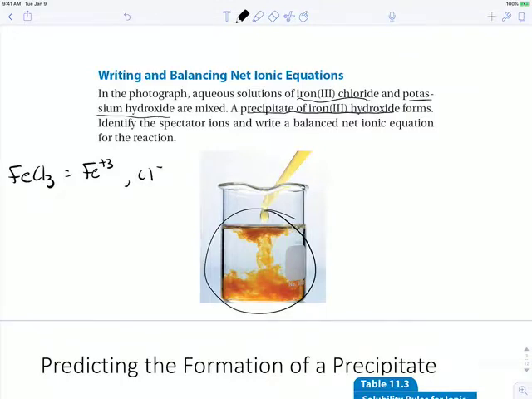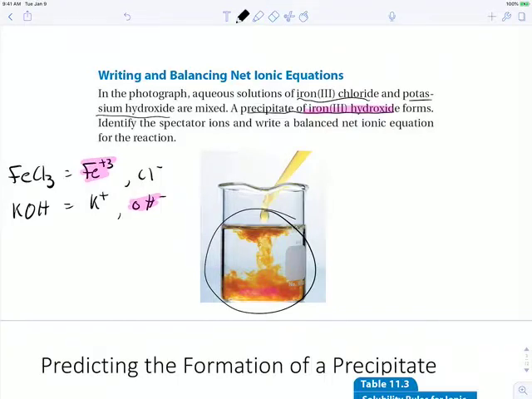And if we take potassium hydroxide, that's KOH, our ions are potassium and hydroxide. And we're told that our precipitate is this iron 3 hydroxide, which means we're going to combine these ions, and that's what this precipitate dropping out is.